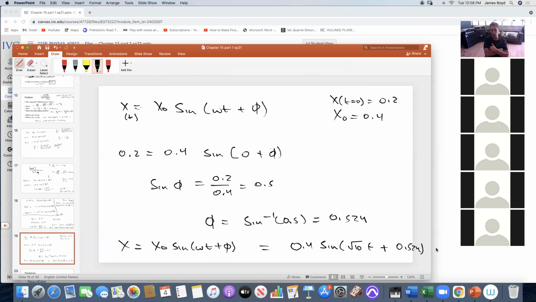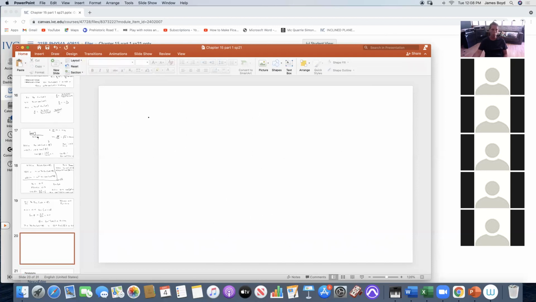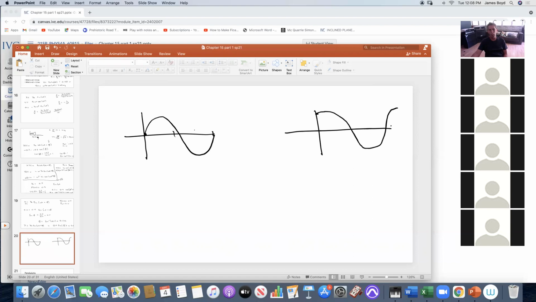But that's because if you look at the graph of sine and cosine, maybe this will help you understand phases. Sine starts here, comes up, goes down, comes back. Cosine starts here, goes down, comes back up, and ends back here. So this is the halfway point.